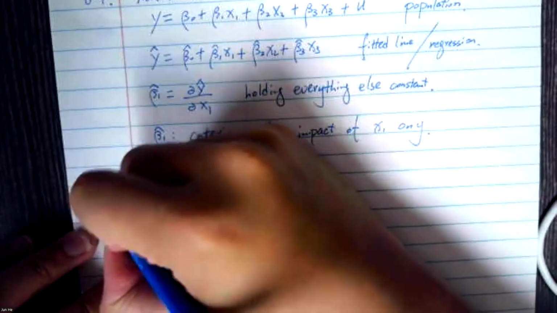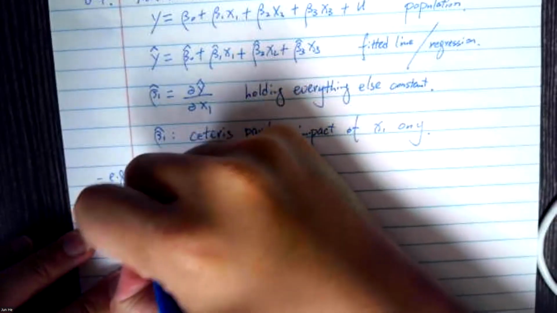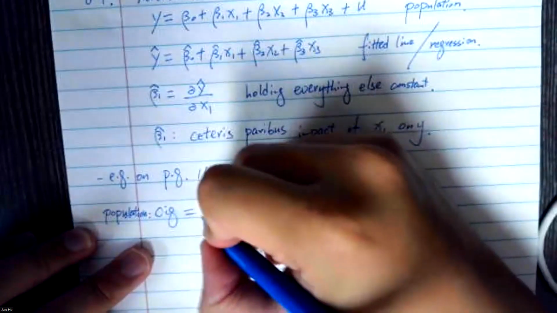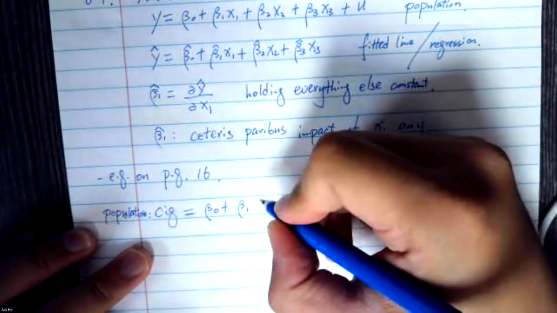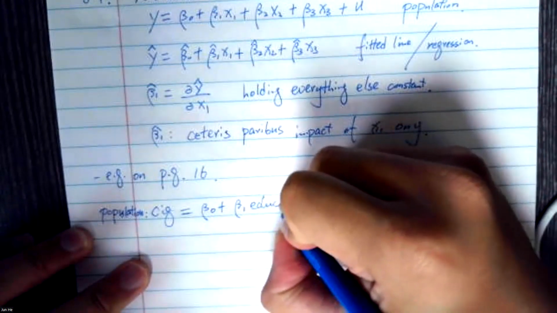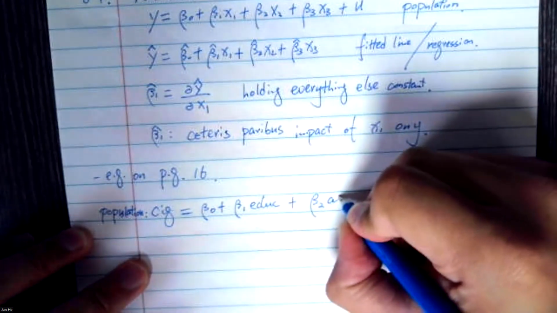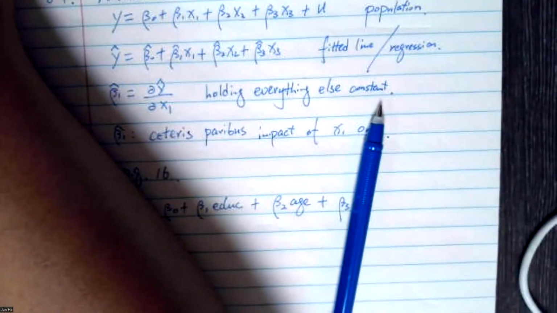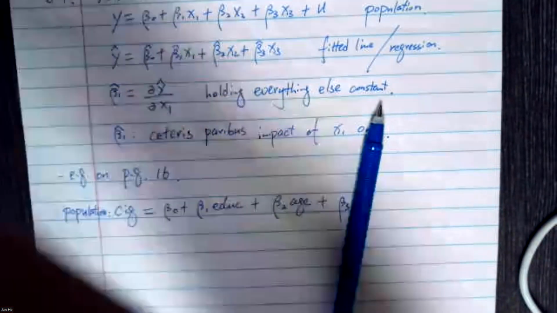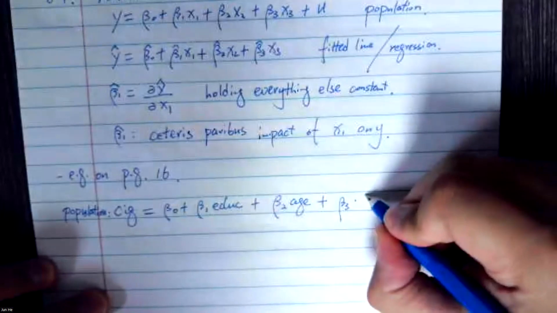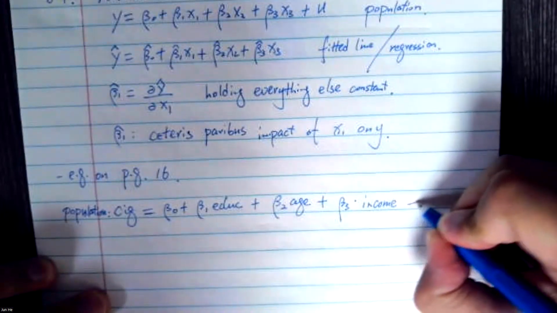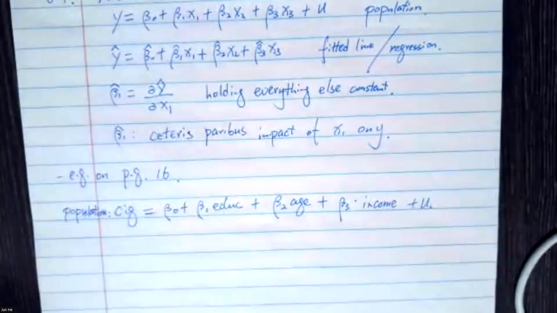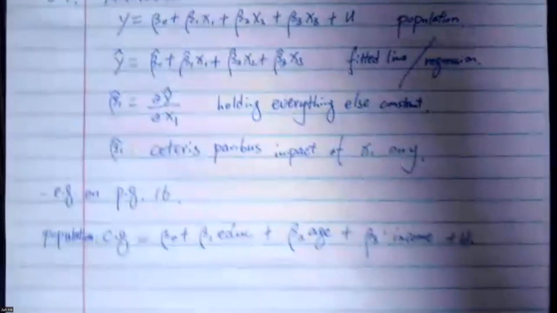So the population relationship should be cigarette consumption equals beta 0 plus beta 1 x1, which is still education, plus beta 2 age plus beta 3 income. Don't forget to add the error term, u. All right, so this is the population.